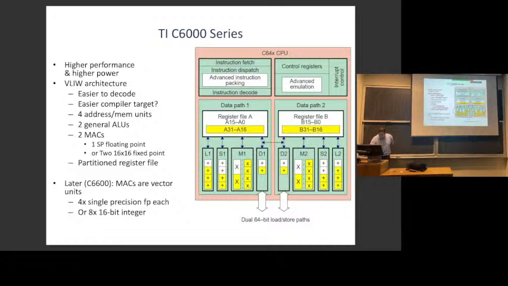In order to reduce power, instead of having 1 big register file, they partition the register file. So half of the registers feed half of the compute units, the other half of the registers feed the other half of the compute units. And then they have a few instructions that can move data between the register files.